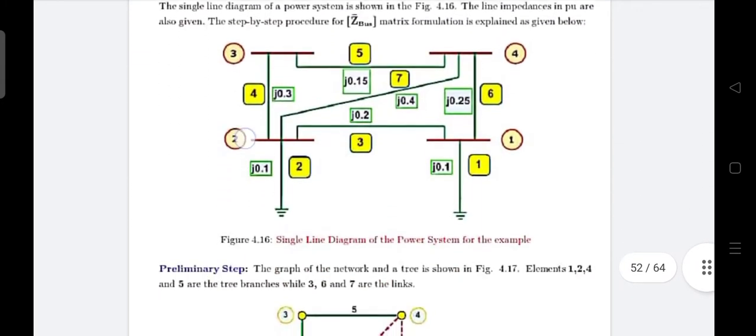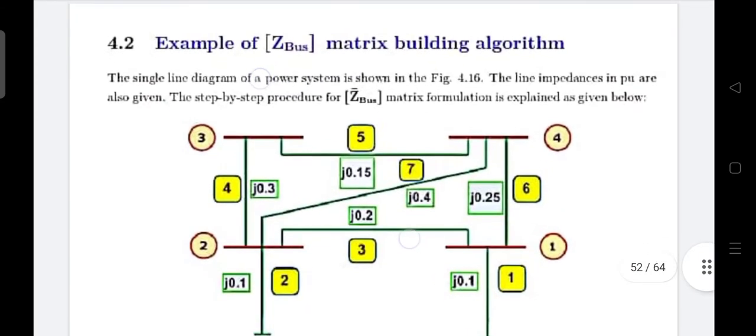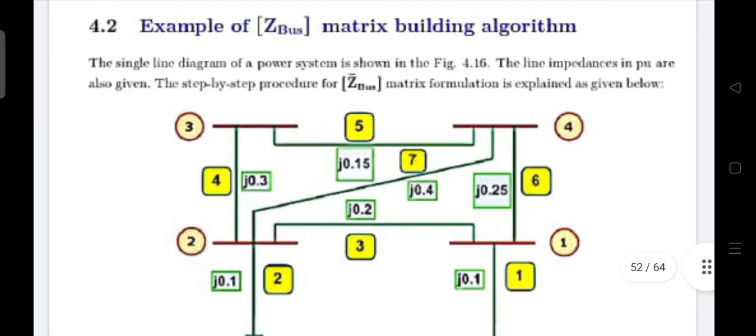Now let's see the examples. Here we are taking one system. This system has 4 buses and 7 impedances. 4 buses means it has 4 nodes.